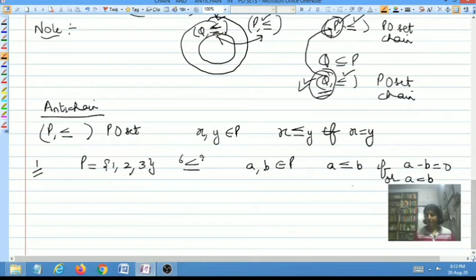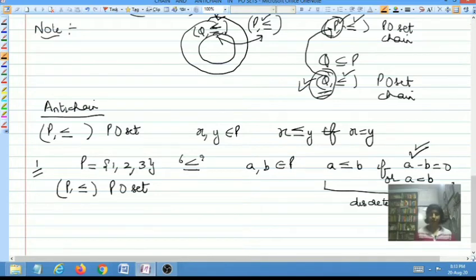This relation we have seen, and we have given a name to it: the discrete order. With respect to the discrete order, this set (P, ≤) is a poset. In fact, we have given a general result that if you define your binary relation to be this, then any set P becomes a poset.